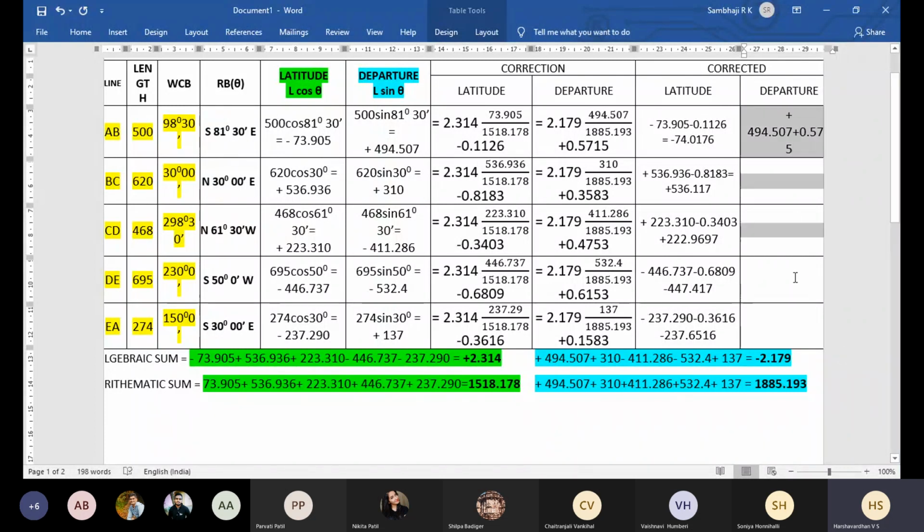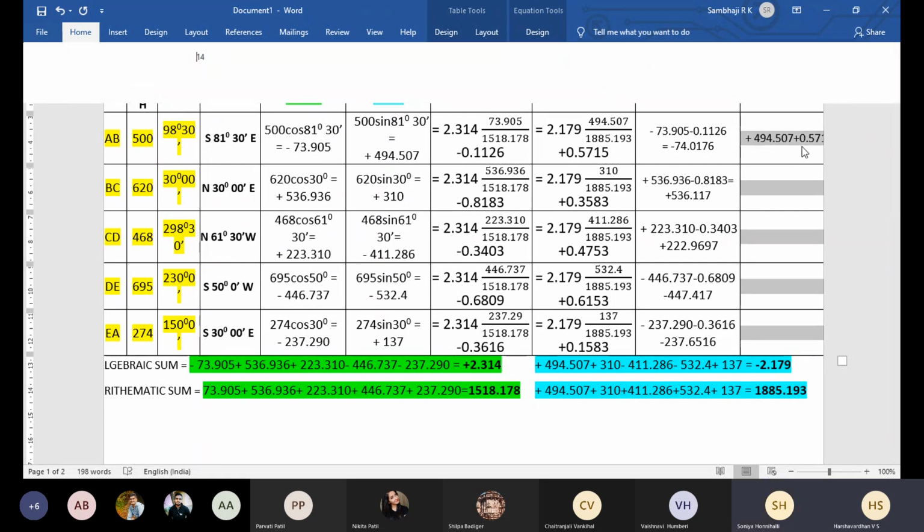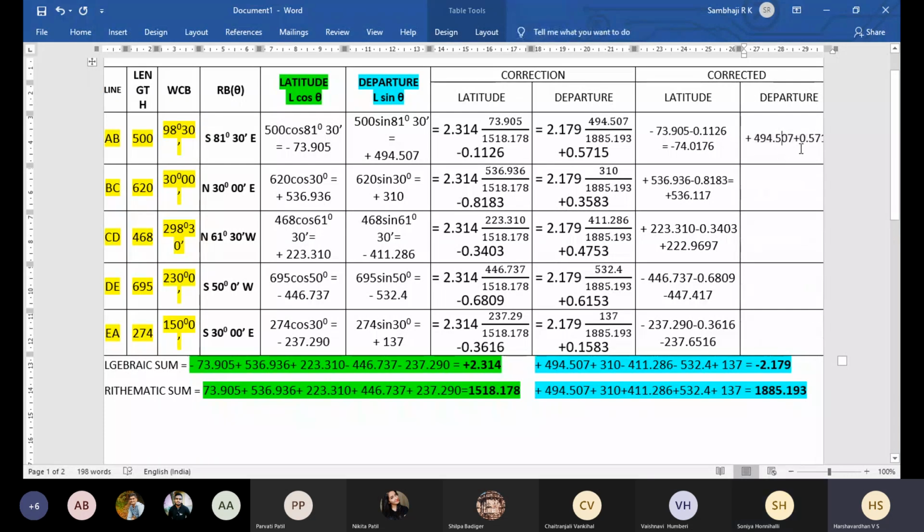Okay, what is the answer? 495.078. So the corrected departure is plus 495.078.